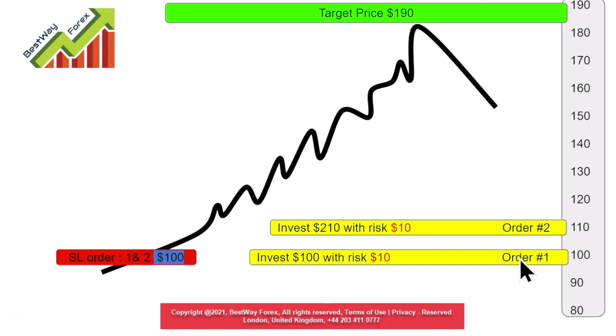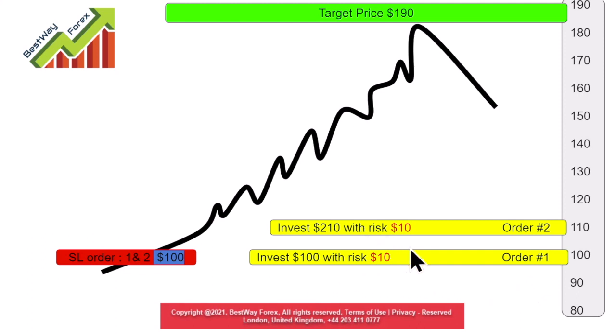Which basically means that if it drops from here, you will still just lose 100 despite having doubled your investment, because for order number 1 you are on break even, since the stop loss is no longer down here on 90.